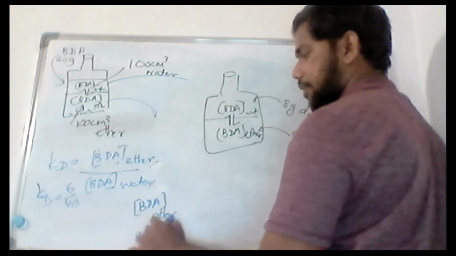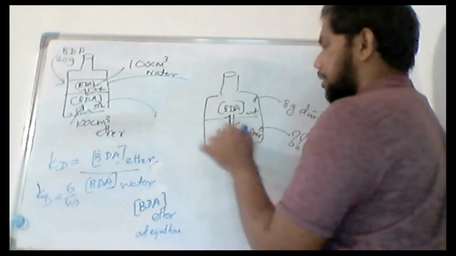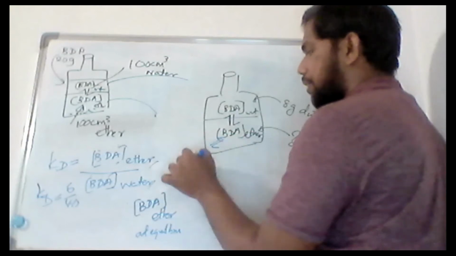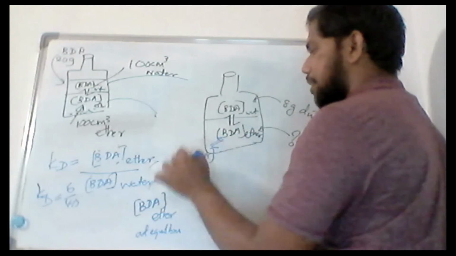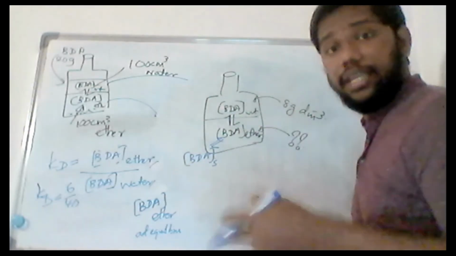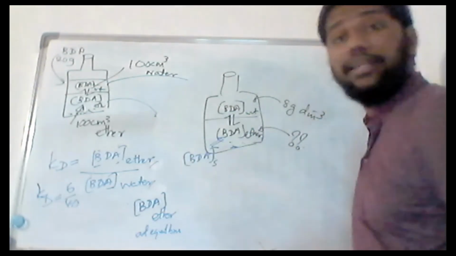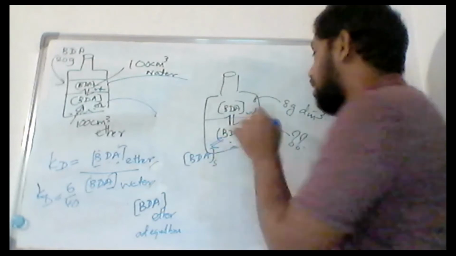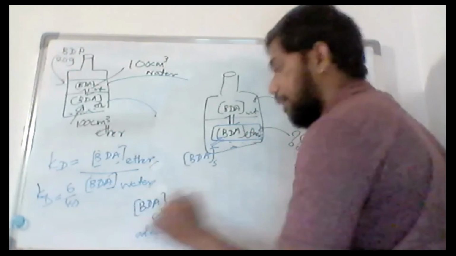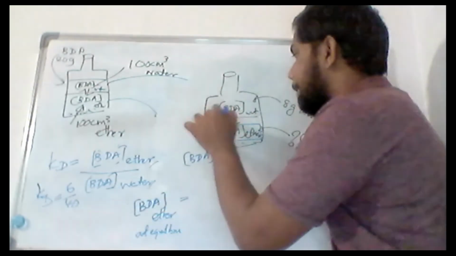This is at equilibrium, where this BDA is in equilibrium with BDA solid, because some amount of BDA is remaining in ether like this. So this is a saturated condition where the concentration of BDA in ether is given by this equilibrium Kd.